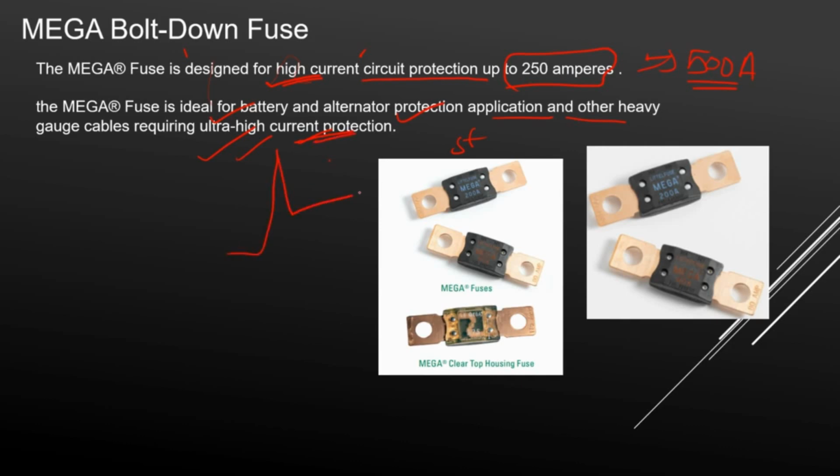Somewhere the peaks would be more, and your wire gauge of course would be more than 16 mm square, 30 mm square. In those conditions, battery and alternators, you have to use the mega fuse. You can see here, this is the clear top housing fuse.